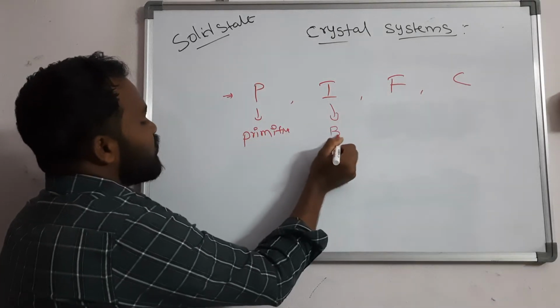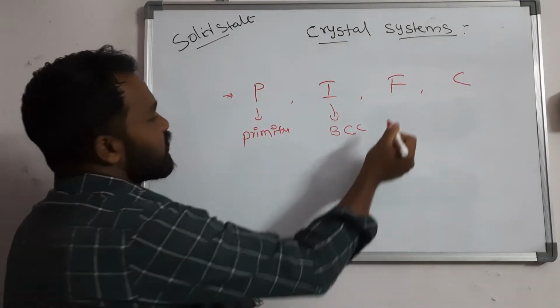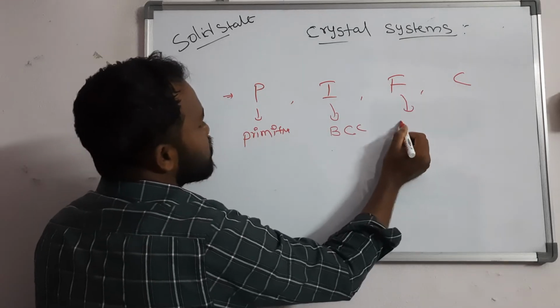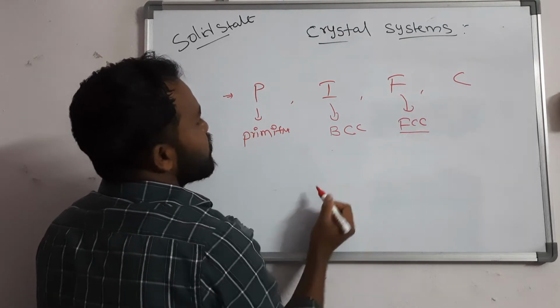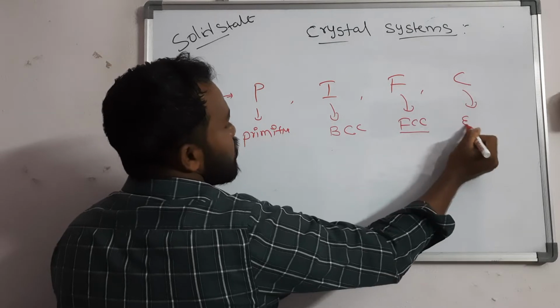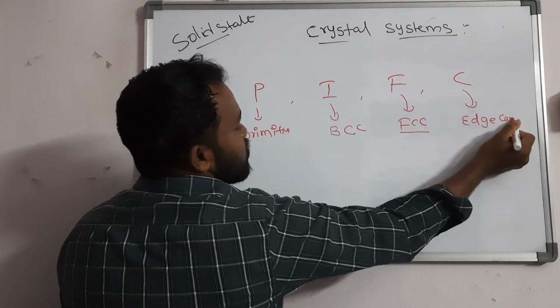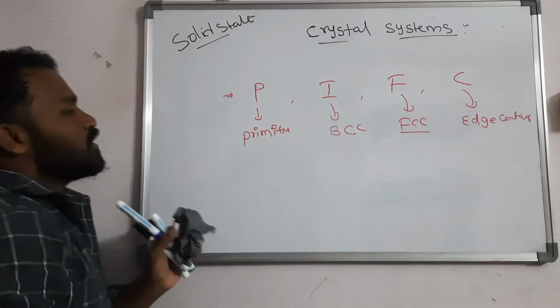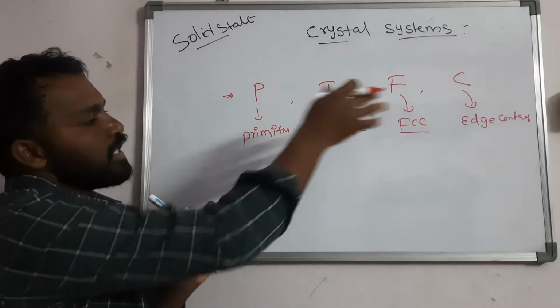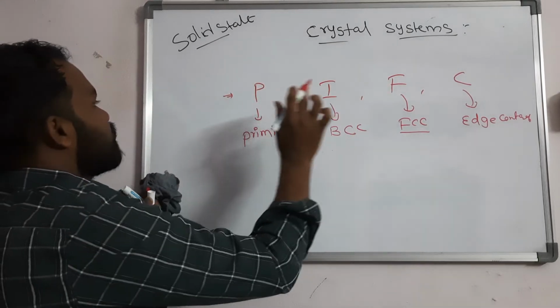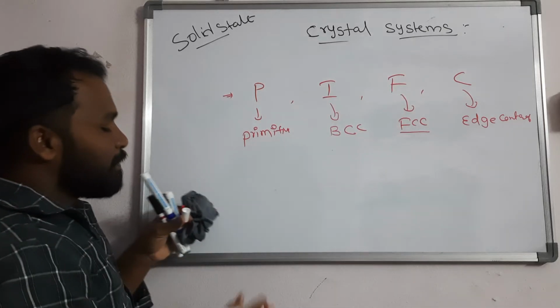I means BCC, body centered cubic. F means FCC, face centered cubic. C means edge centered unit cell. So primitive, BCC, FCC, and edge centered. These are the terms PIFC, and you should remember them this way.